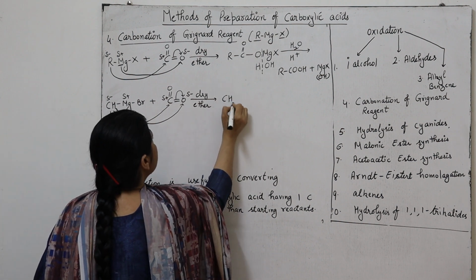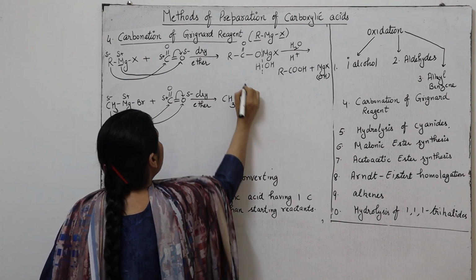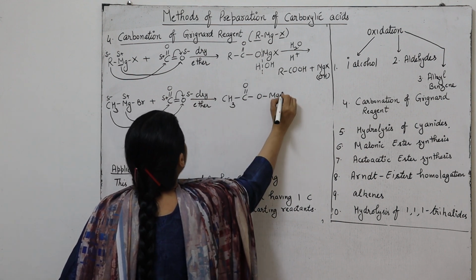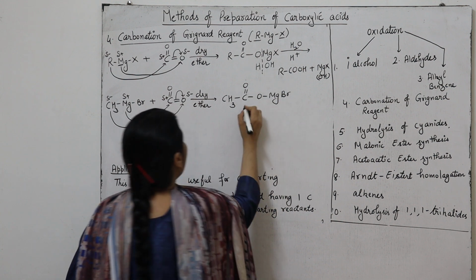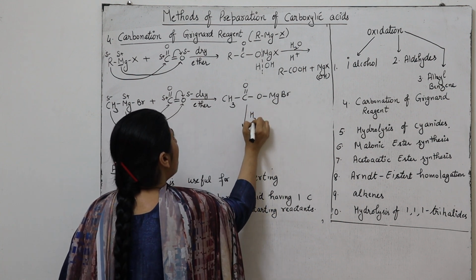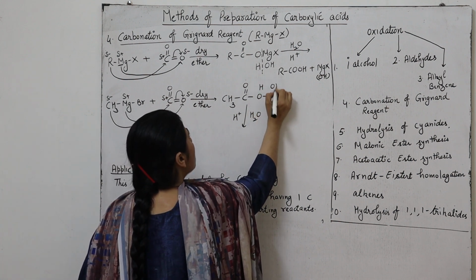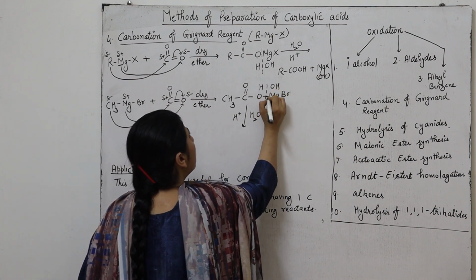So we get CH3, C double bond O, Mg, Br, which undergoes hydrolysis in the presence of acid. In this case, hydrolysis means HOH, and there is a breakage of bond.